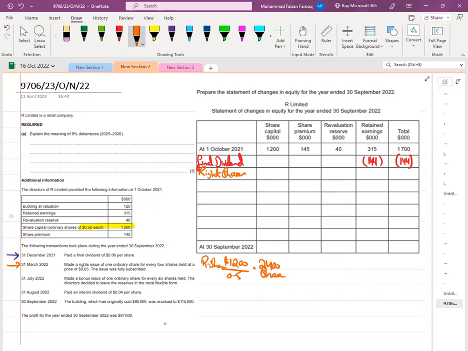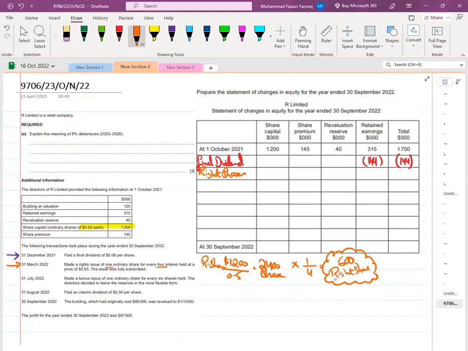The company is issuing one for every four. So what is the fraction? 4 divided by 1 or 1 divided by 4? 1 divided by 4. So this is the number of shares we are going to issue. How many? 600.